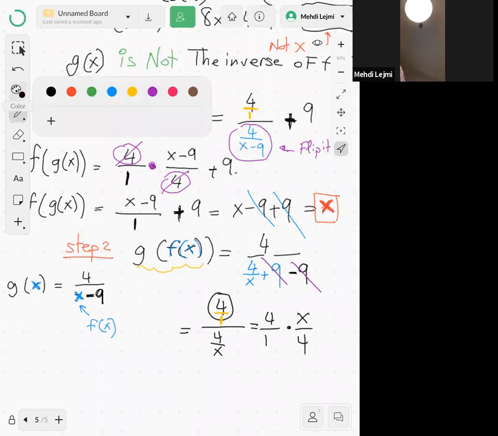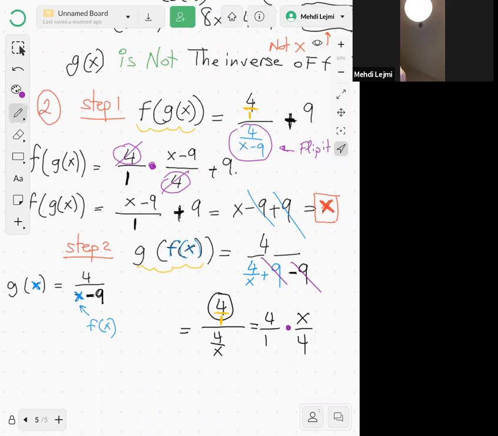And as I said, we have multiplication, so then you can cancel out this 4. So it's just x over 1, and x over 1, of course, is just x. So g of f of x is x over 1, which is, of course, equal to x. So the answer is also x for g composed with f.